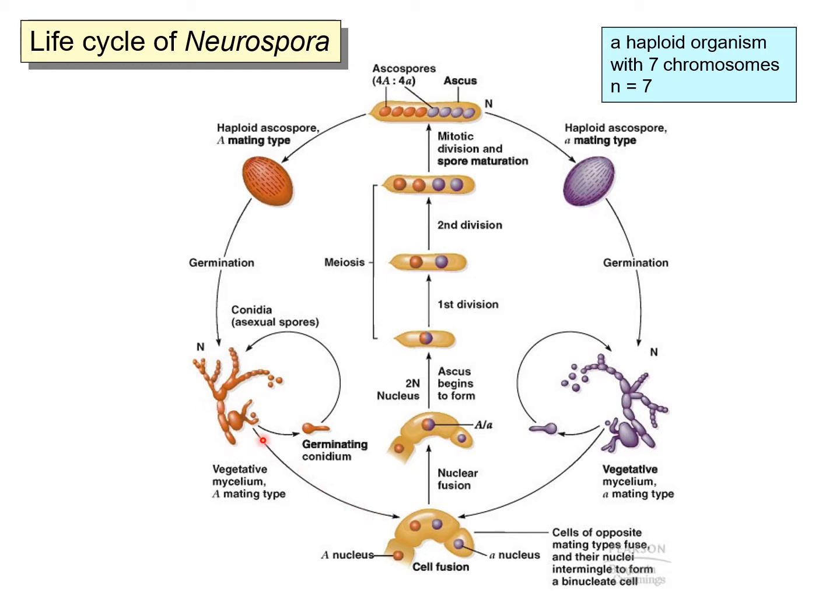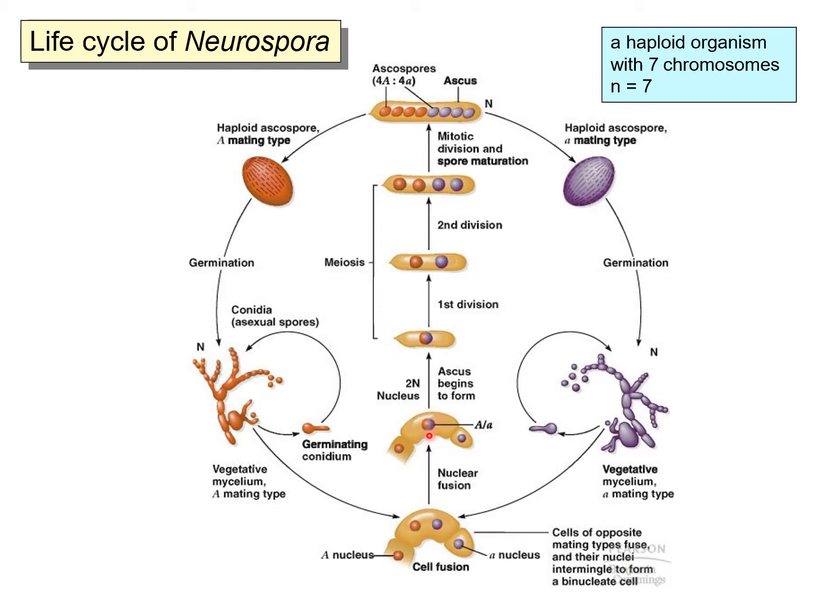Later on, the fusion between the cells of opposite mating types takes place, and it results in formation of cells having two nuclei, each nucleus from each of the mating types. This is followed by nuclear fusion, the fusion between these two nuclei.